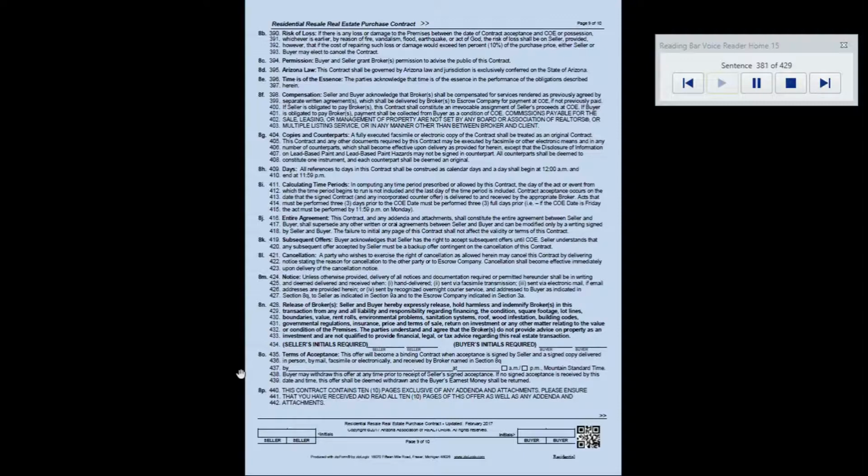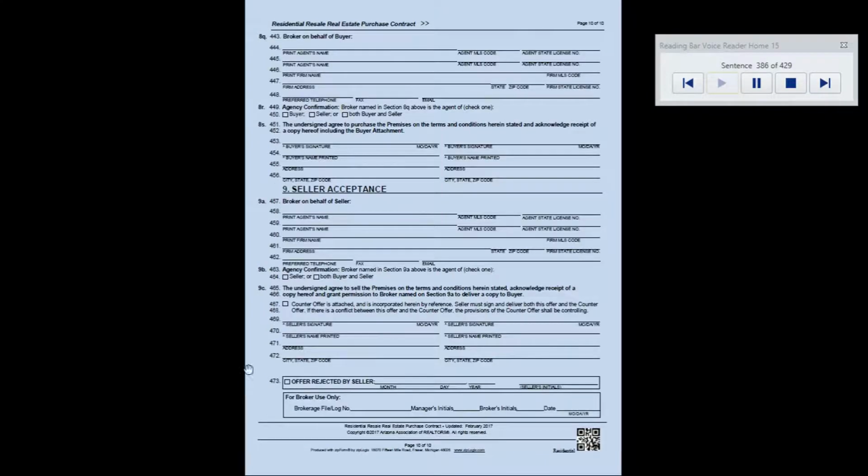If no signed acceptance is received by this date and time, this offer shall be deemed withdrawn and the buyer's earnest money shall be returned. 8P. This contract contains 10 pages exclusive of any addenda and attachments. Please ensure that you have received and read all 10 pages of this offer as well as any addenda and attachments.